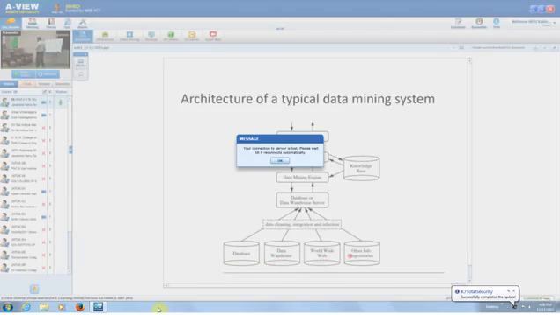See, the things have increased now here. You look at this. You have a database, data warehouse, World Wide Web, and other information repositories. So with these four things, you will be getting data.